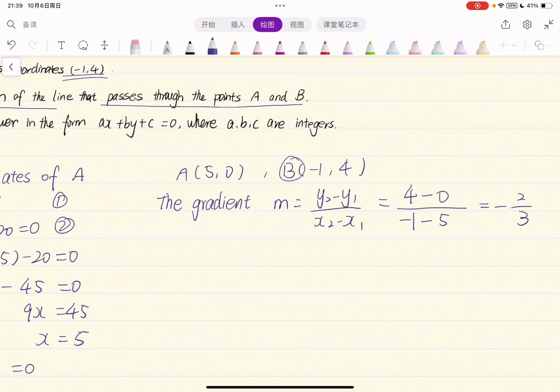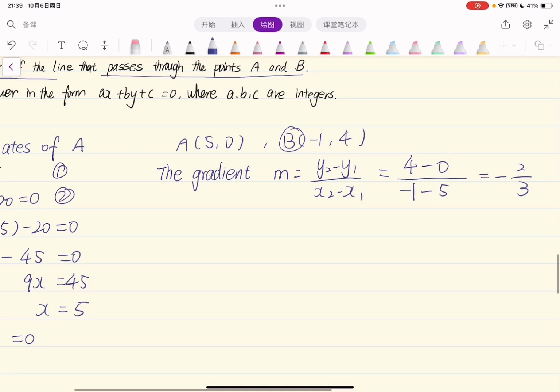Now we know the gradient, we can write the equation of the line as y minus y1 equals minus 2 over 3 times (x minus x1).